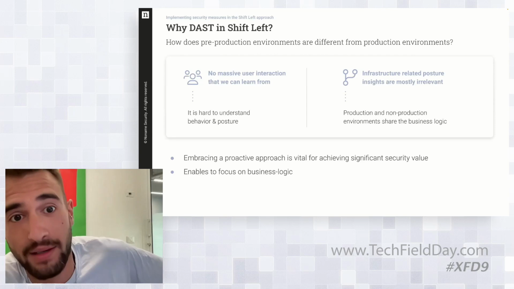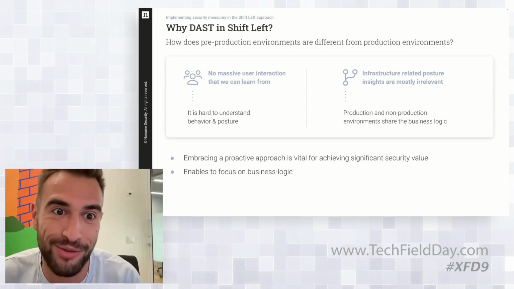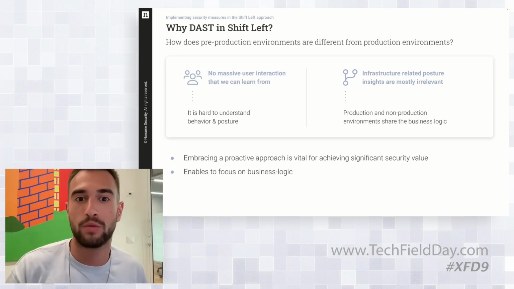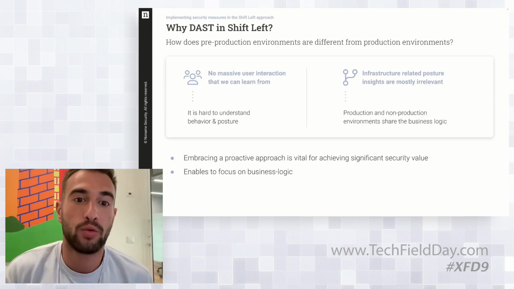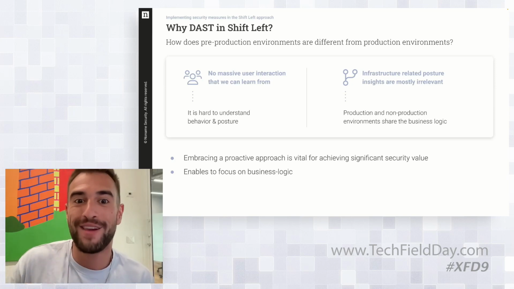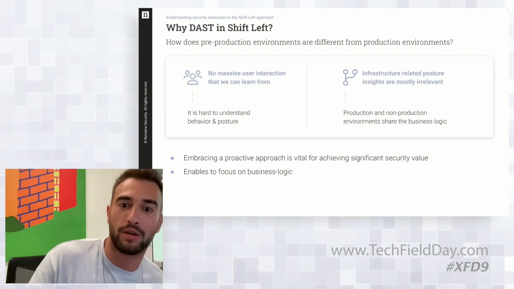You might be asking why a DAST tool, a dynamic application security testing tool, would be the most beneficial tool for achieving security value in shift left. To answer this, we need to think: how does a pre-production environment behave differently from production environments?